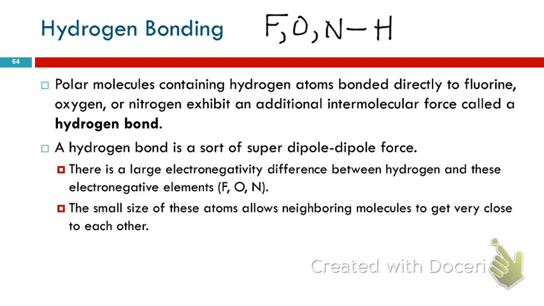He would point at the sky in this pitiful voice, "E.T., phone home. Phone home. E.T., phone home." F-O-N-H. Phone home. You need to have fluorine, oxygen, or nitrogen bonded to hydrogen. If you have that, that molecule has hydrogen bonding.